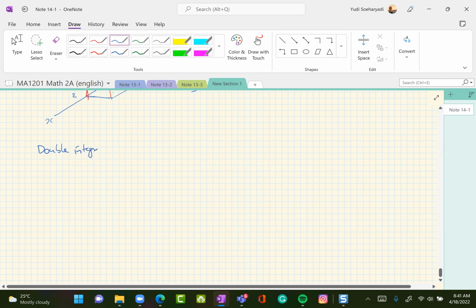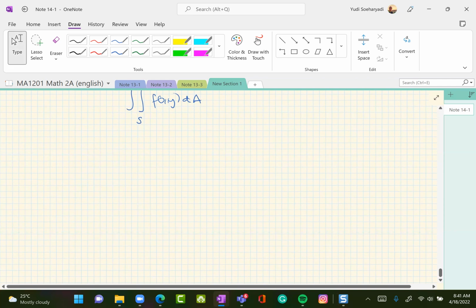Double integrals over non-rectangular regions. First, what we call simple regions.